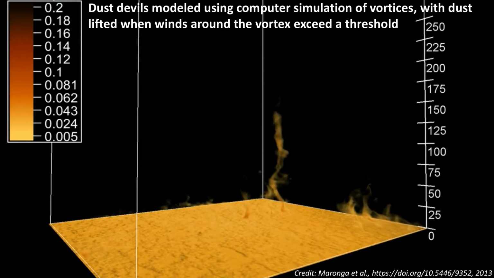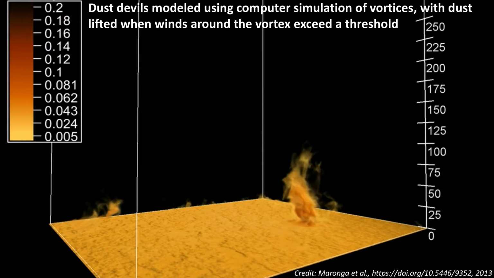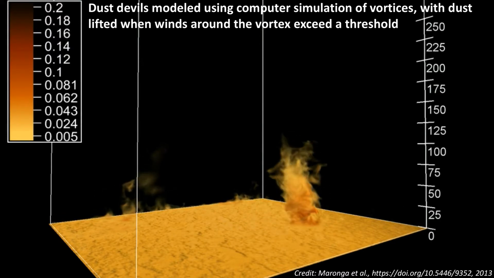And this is a lovely simulation of dust devils where they basically allowed vortices to form in the simulation, and then they allowed them to lift dust when the winds around the vortex exceeded some threshold wind stress.